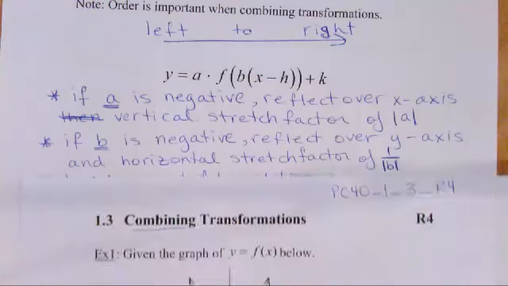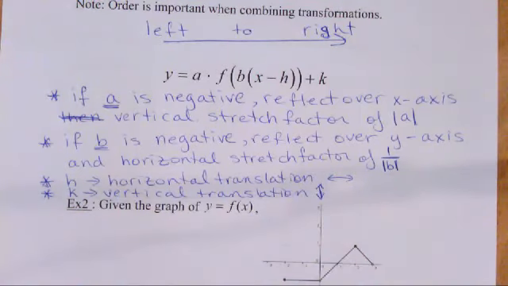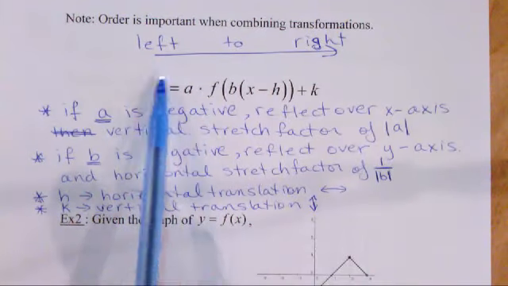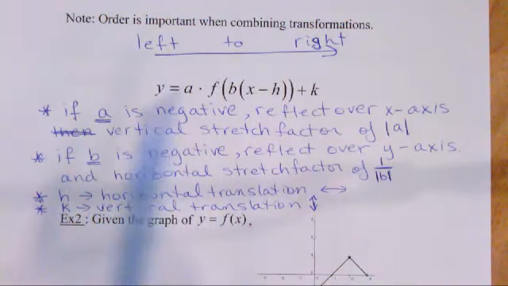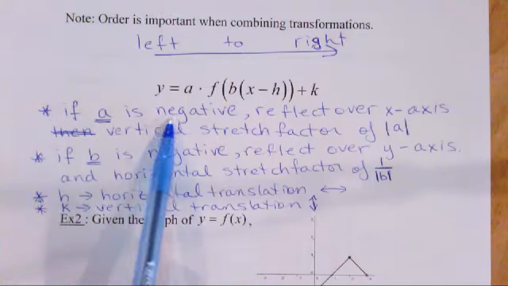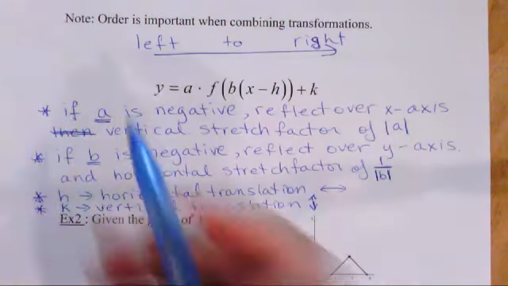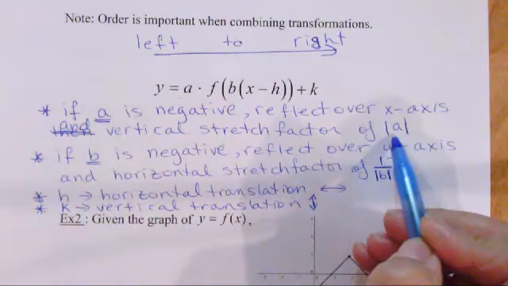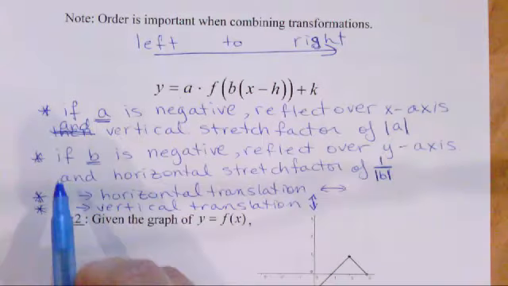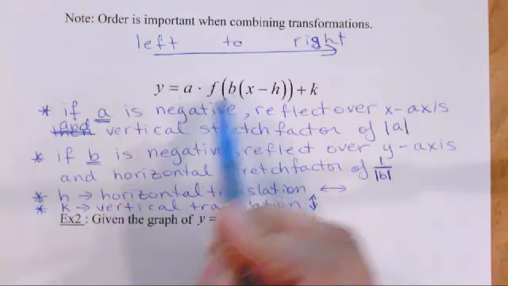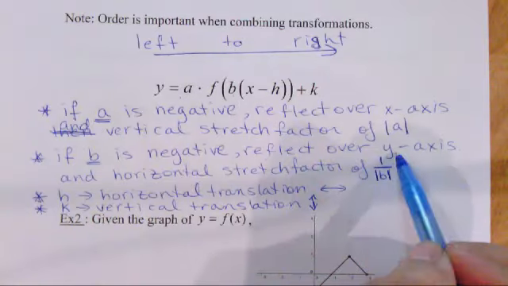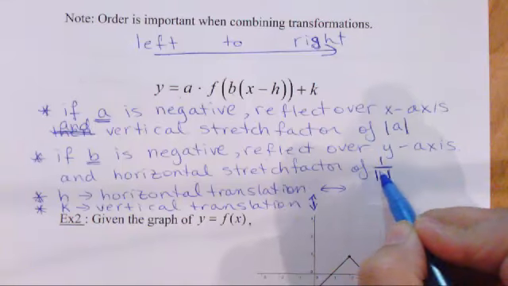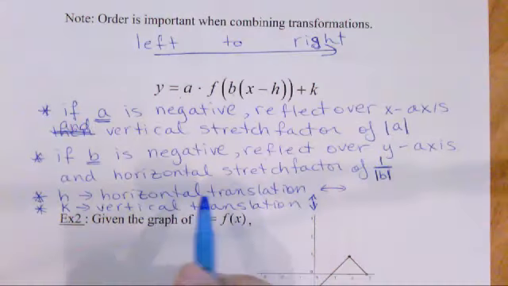Now order is important, and just to restate what we just did in general terms, we want to work left to right. If a is negative, then we reflect over the x-axis, and the vertical stretch is a factor of the absolute value of a. If b is negative, we reflect over the y-axis, and the horizontal stretch factor is 1 over the absolute value of b.